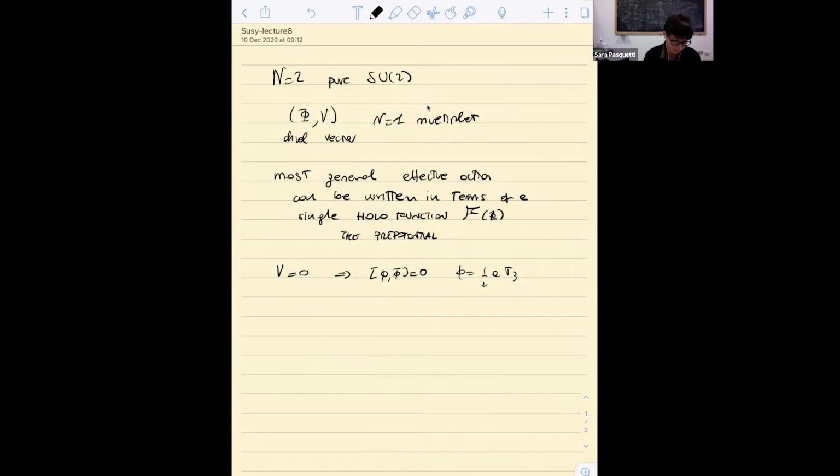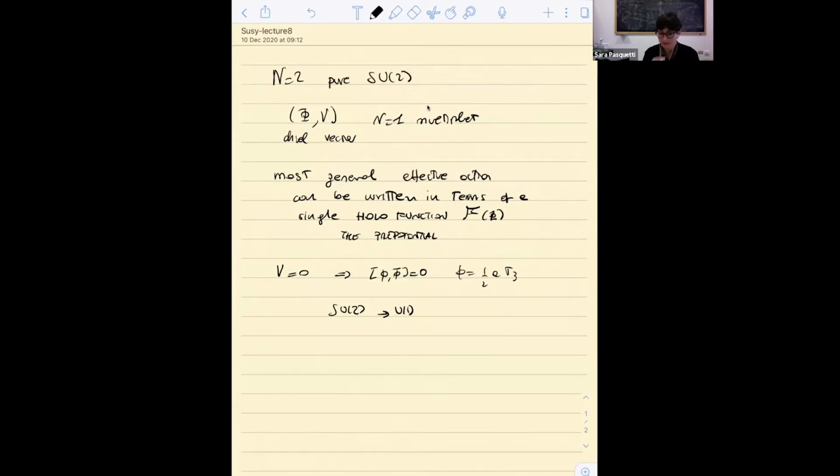So these are the VEVs that parameterize the Coulomb branch moduli space. The effect of this VEV is to break the gauge group from SU(2) down to U(1). So we deal with an abelian N=2 theory. This is what's going on generically for generic VEVs.